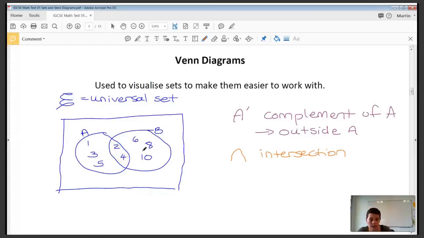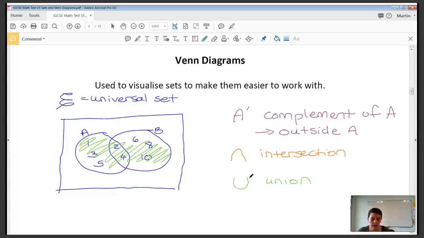So the other thing that is often of interest is what we call a union. So a union, nice and easy to remember because it looks like a U, is when we join things together. So if we had A union B, it would be everything that is in A and in B all together.